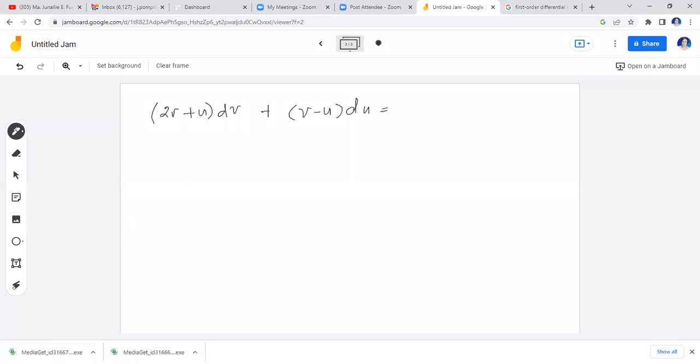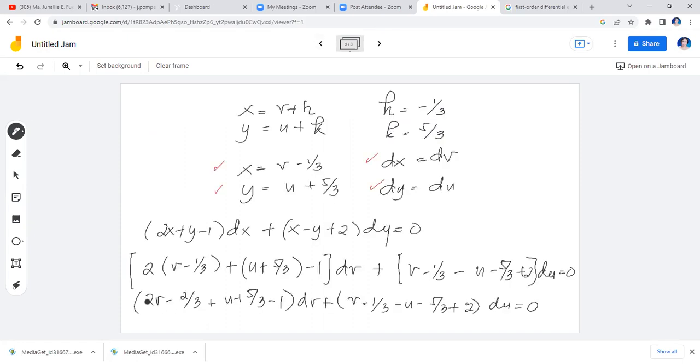So we have du equal to 0. Now, what have you noticed with the DE that we have here? We have discussed this already. What kind of DE is this? We copied the terms that have the variable, then we combine the constants.